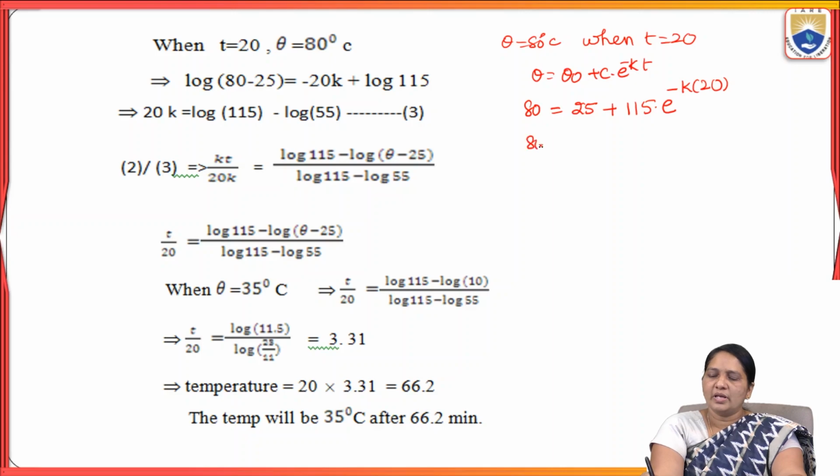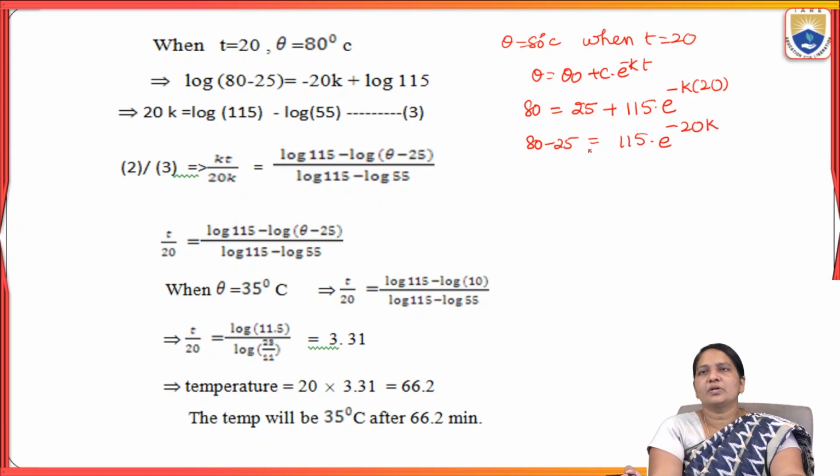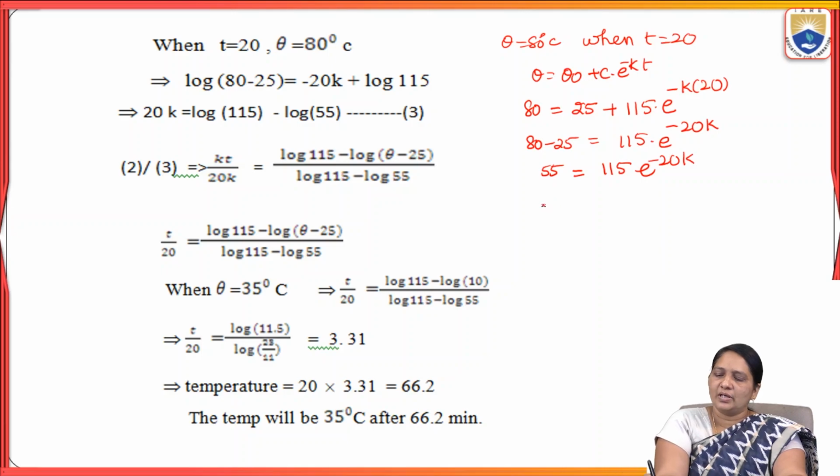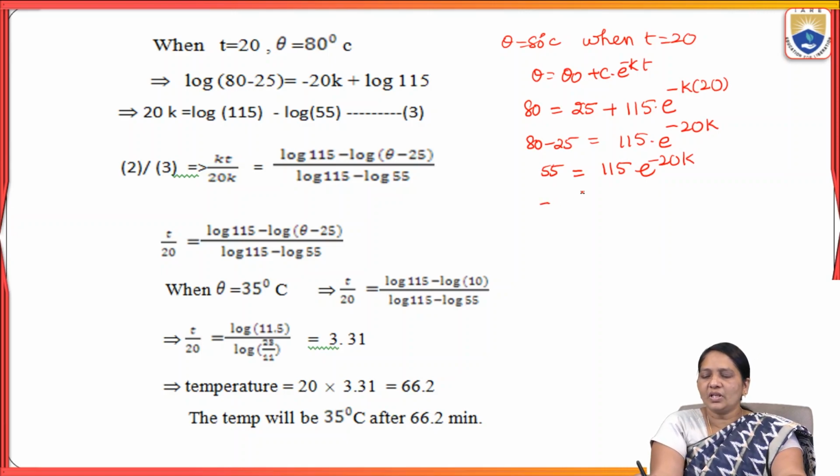Now 80 minus 25 is equal to 115 into e power minus 20k. 80 minus 25 is 55. So 55 equals 115 into e power minus 20k. Finally e power minus 20k is equal to 55 by 115.